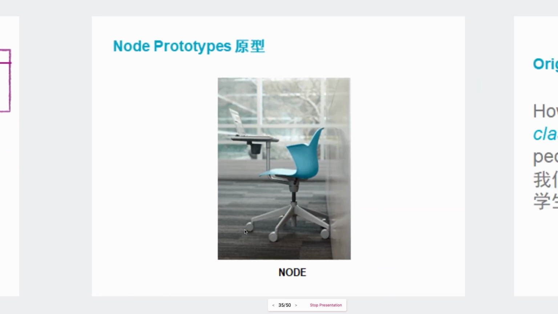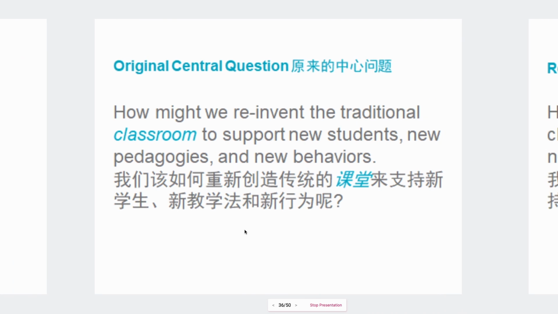So here's a prototype. Here is one sample from our Steelcase, the Node chair. This uses the design thinking process. You can see here is one chair. The Steelcase design is very important for the education system. The original central question is how might we reinvent the traditional classroom to support new students, new pedagogies, and new behaviors.